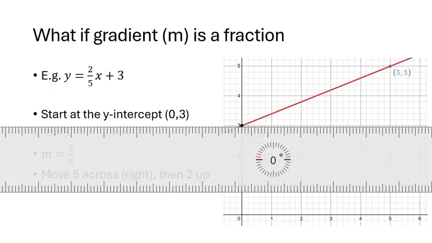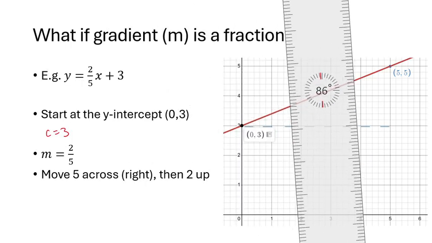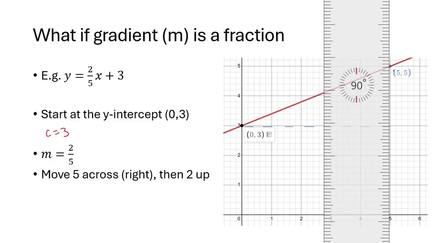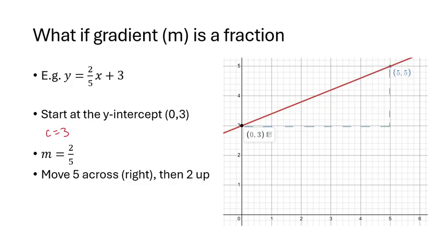My run goes across by 5, I stop right there, and then my rise goes up by 2. That is how I get my second coordinate point. Once I have my 2 coordinate points, I can just connect a line to it. So this is y equals 2 over 5x plus 3.